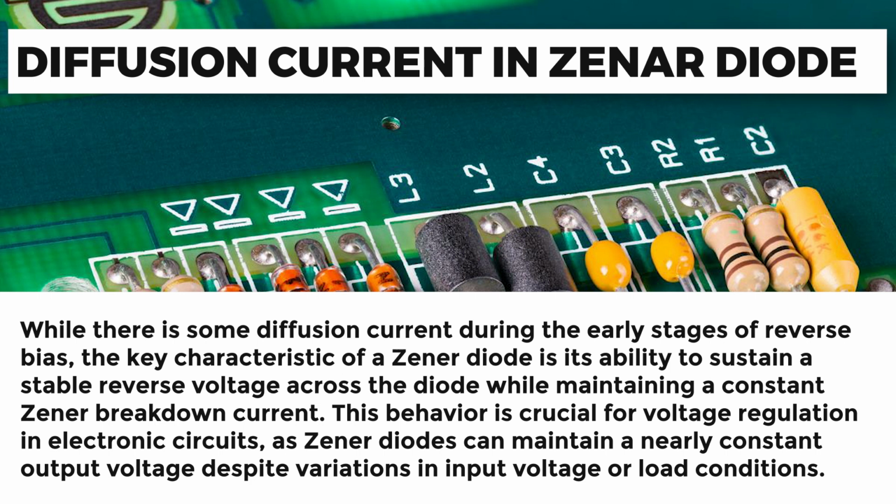This behavior is crucial for voltage regulation in an electric circuit, as a Zener diode can maintain a nearly constant output voltage despite variations in input voltage or load conditions.